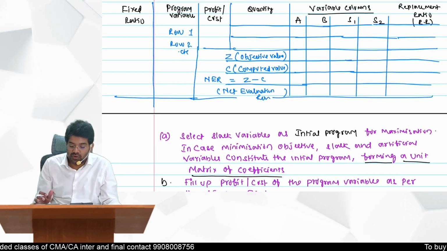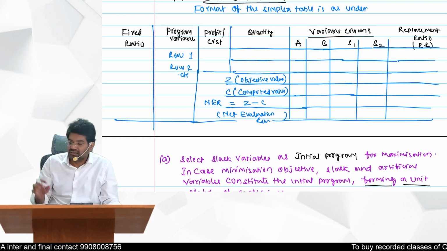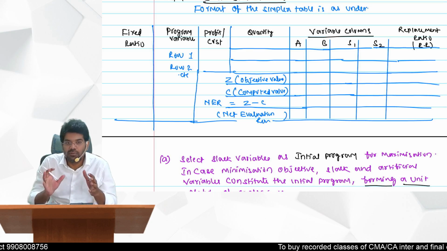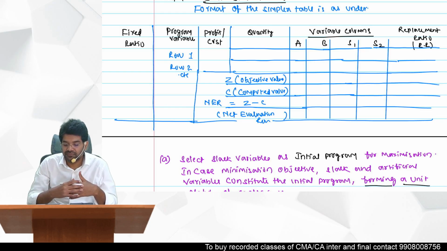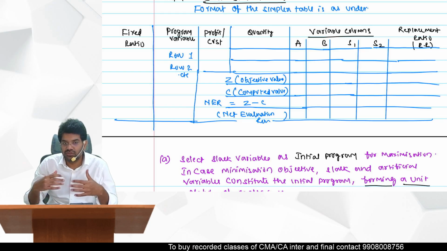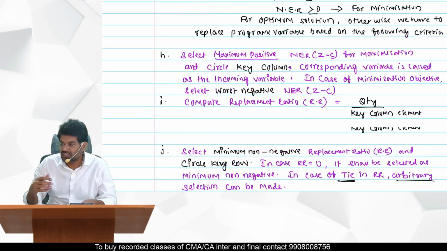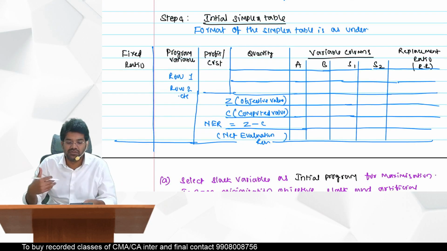Okay, so this is the table format we have to use. What I am going to do is take a problem and do it for you, so that you will also understand. All these points I have written. Just quickly I will go through all this. For those who know this, a quick revision will happen.